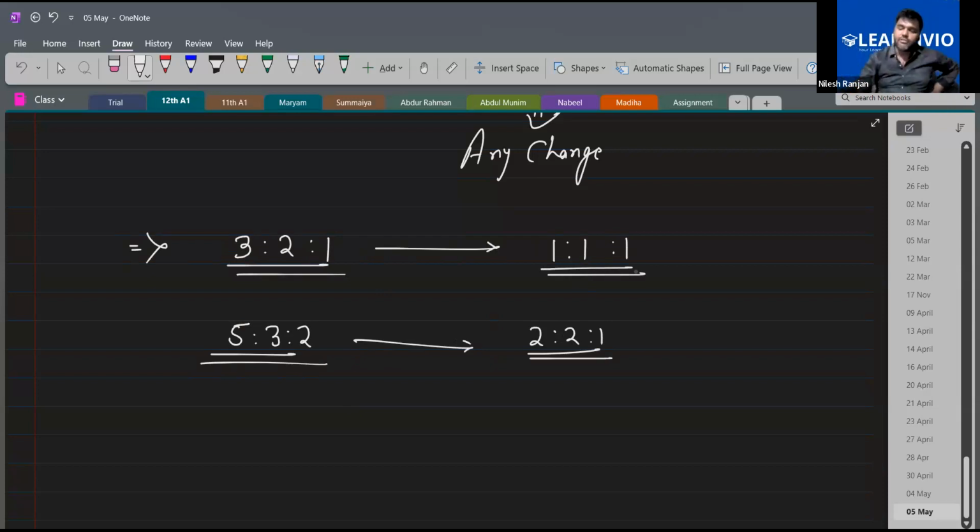Now, the question is why change is required? If they are doing the business, if they are distributing the profit from the previous 5-10 years in the same manner, then suddenly why will they decide to change the profit sharing ratio? Do you have any idea what can be the reason behind this?